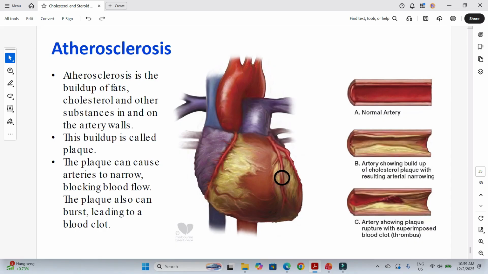So they're good cholesterol because they prevent the formation of such plaques.